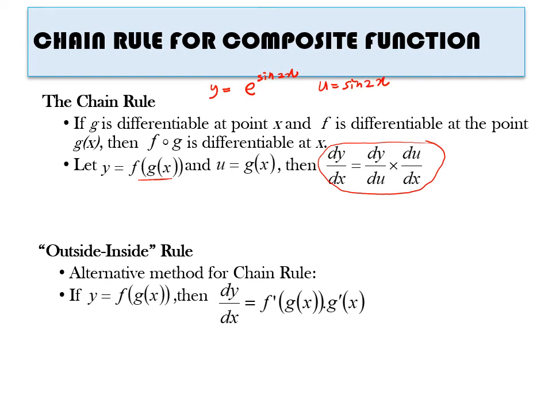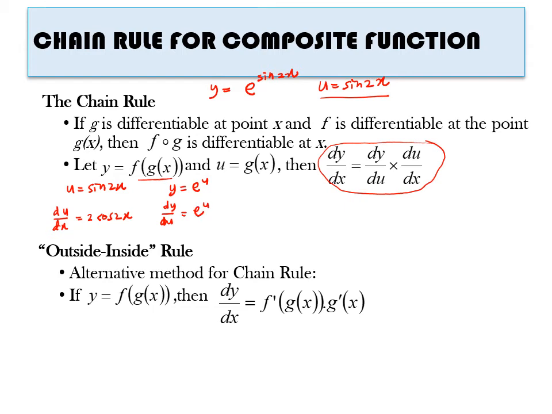You need to find dy over du and du over dx, using the differentiation rules. So du over dx is equal to 2 cos 2x. And y in terms of u will be e power u, so dy over du is equal to e power u.